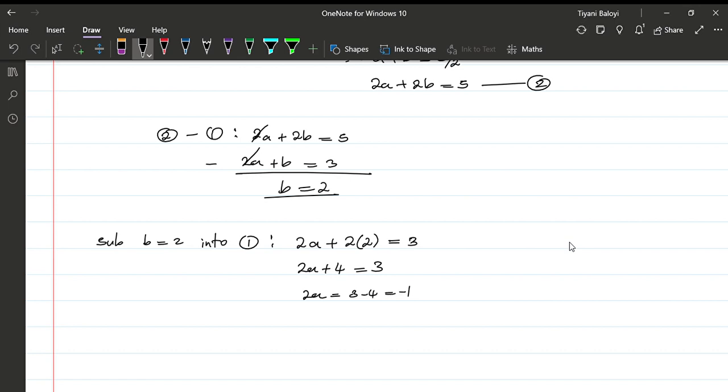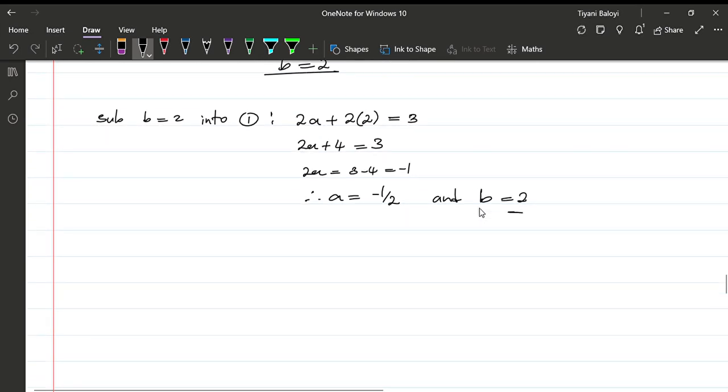You divide the whole thing by 2, you get what? Therefore a is equal to negative 1 over 2, and b is equal to 2. Yes, so we know this is true because we're supposed to prove it, right? So we got our answers proven.